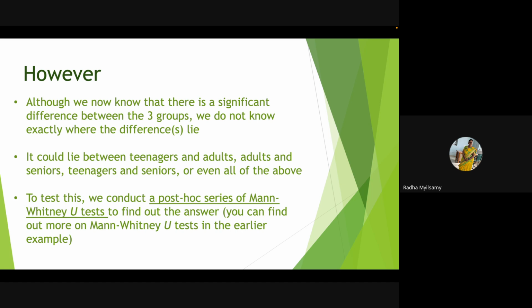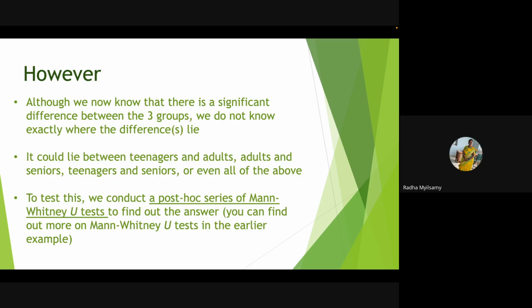Although we know that there is a significant difference between the three groups, we do not know exactly where the difference lies. It could lie between teenagers and adults, adults and seniors, teenagers and seniors, or even all of the above. To know this, we look at the median or mean values. Based on the mean value, we may know which group is different from the other two.